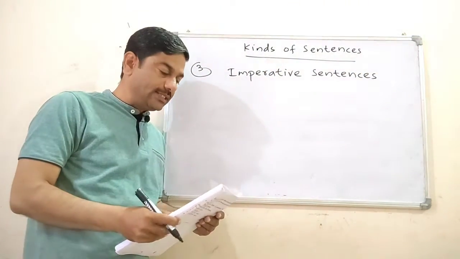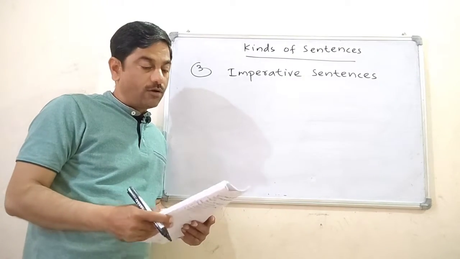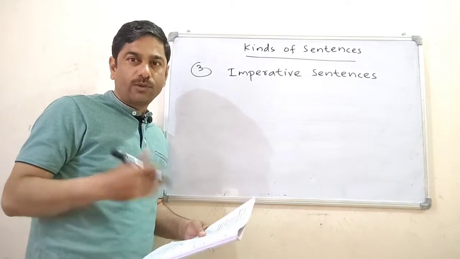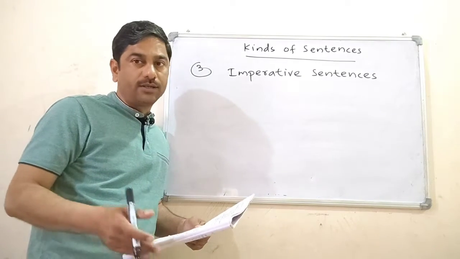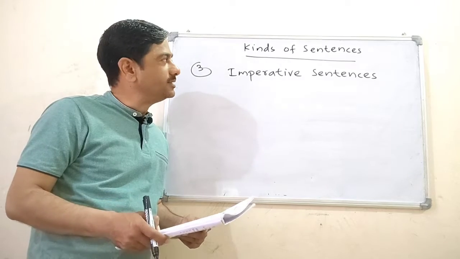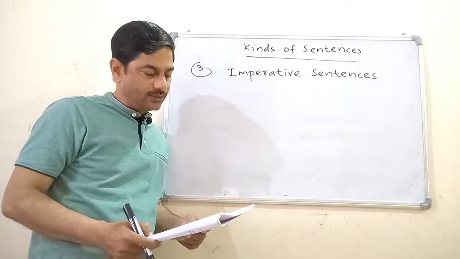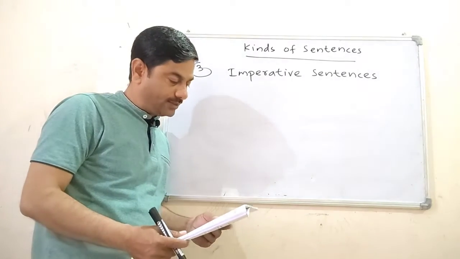What are imperative sentences? These imperative sentences give commands or make requests. We often make use of commands and we often request people, and these sentences are used to make commands and requests. I will write here some examples.